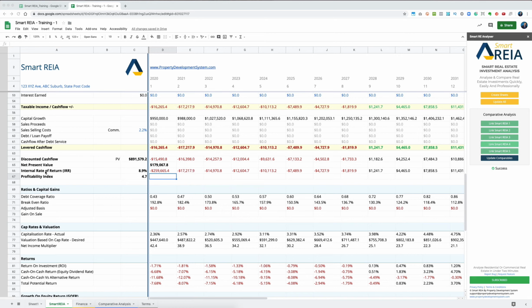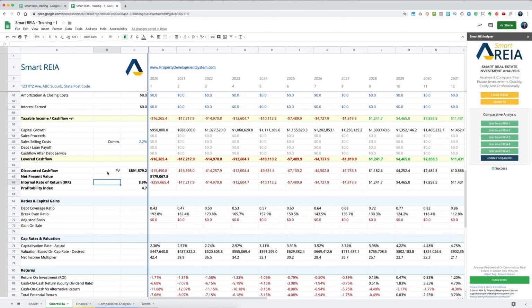Okay, then the last thing in this section is internal rate of return, which is the same as your rate of return, the amount of return that you're making. However, what you need to understand is that IRR is the most used rate of return in the real estate industry, because it takes into account the time.